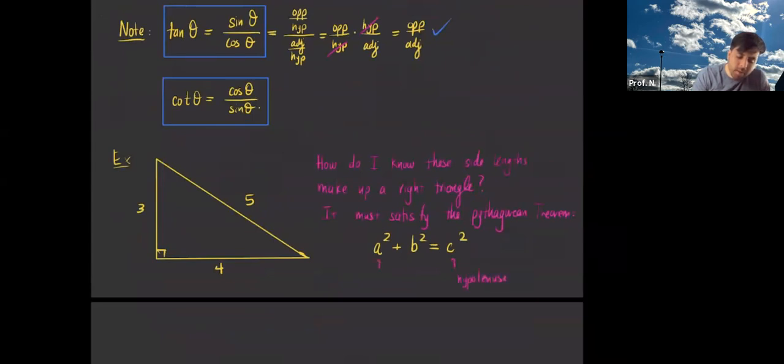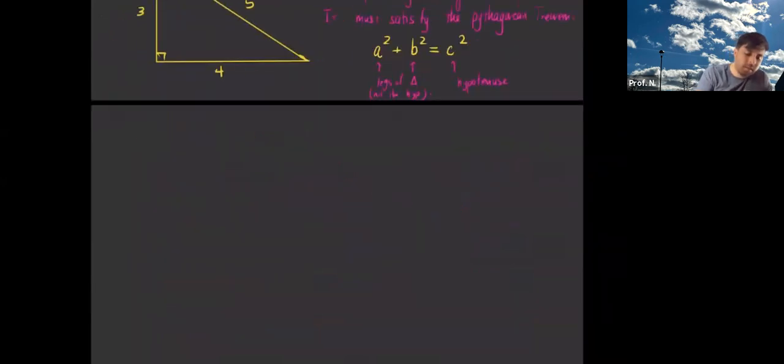The a and the b are the legs of a triangle, not the hypotenuse. So in this case, 3 squared plus 4 squared equals 5 squared, question mark. Well, what is 3 squared? 9. What is 4 squared? 16. It's 9 plus 16. Does that equal 25? Yes, it does. So then we know it's a right triangle. So 3, 4, 5 represents sides of a right triangle. And how do I verify that? I use the Pythagorean theorem.